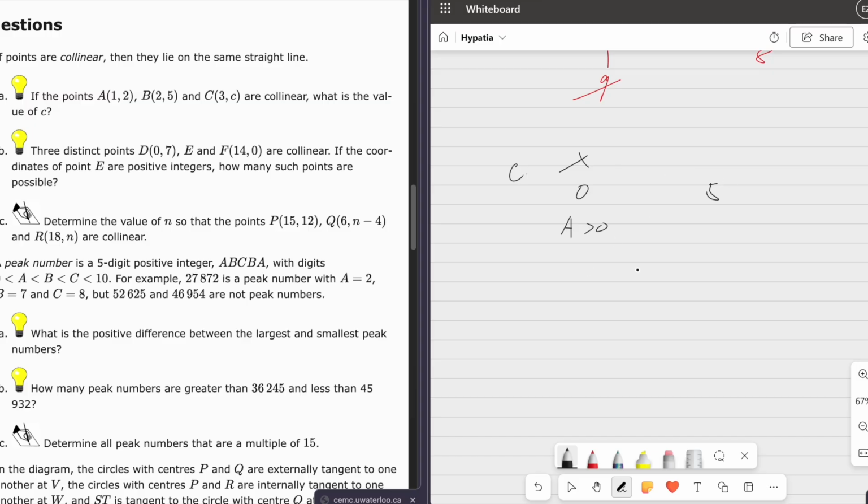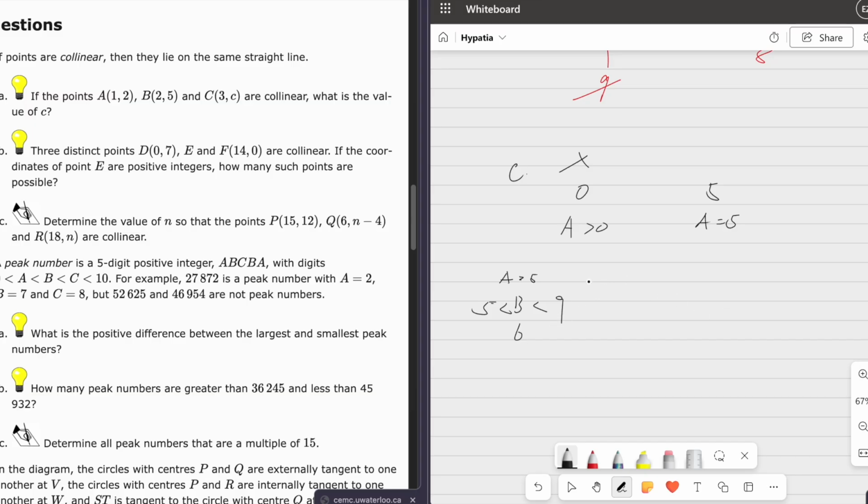So A can only equal 5. Since A is equal to 5, B for sure is bigger than 5, so the possible values for B start with 6, but smaller than 9.